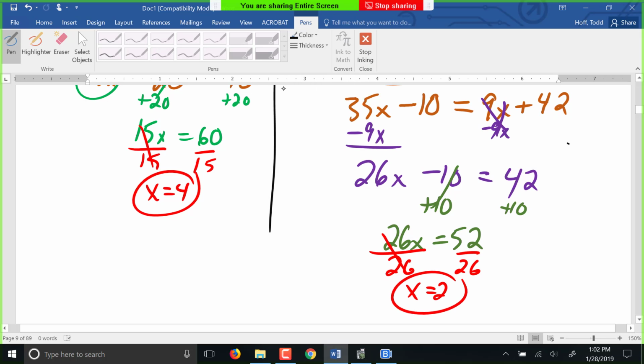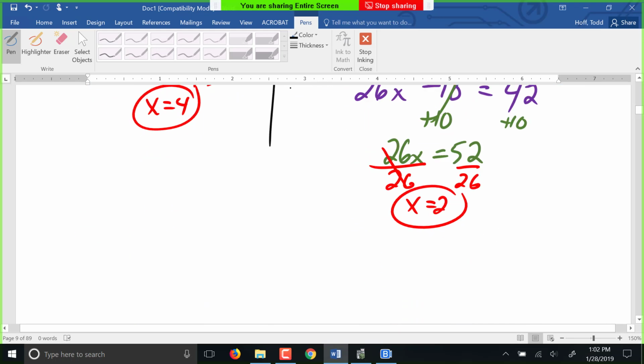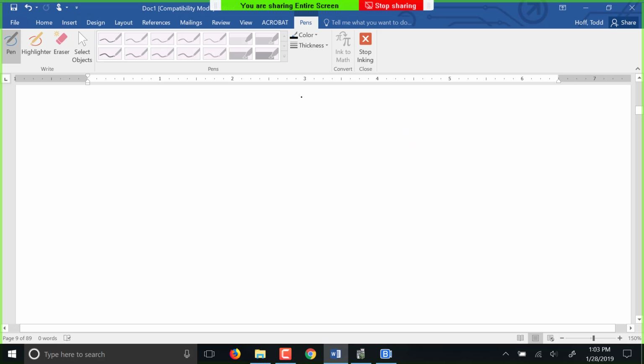Now, they can get quite a bit uglier than that. We can get more parentheses and stuff like that in there. Let's do an example.